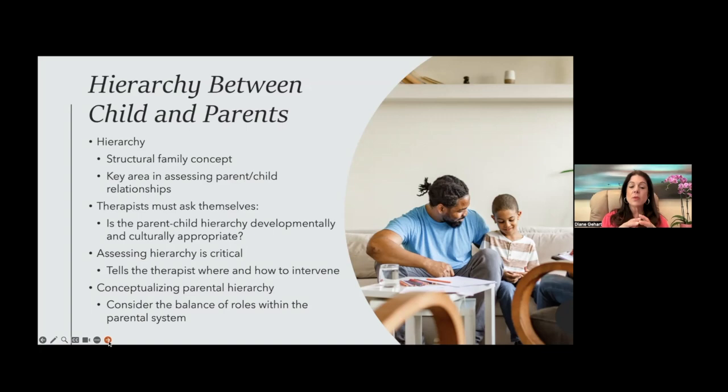But you also want to consider this within a cultural lens. Let's say you're working with an immigrant family where the norm is what we would call an authoritarian parental hierarchy, but it's culturally appropriate. Yet they've immigrated to, let's say, the United States or Canada, where that is not what is supported by the general dominant culture, and the children are exposed to some very different models of what parenting and authority can look like.